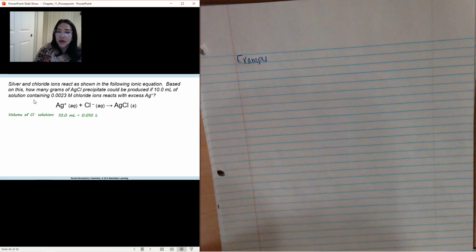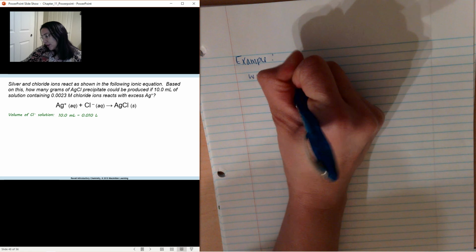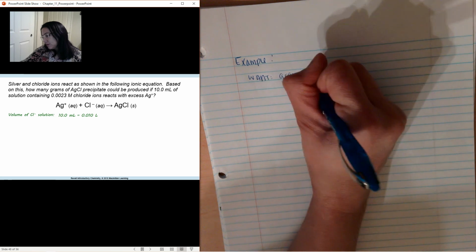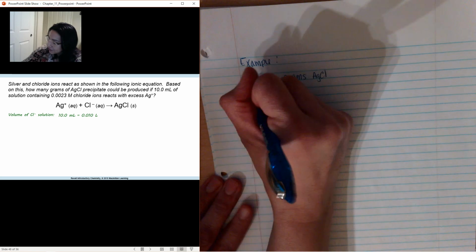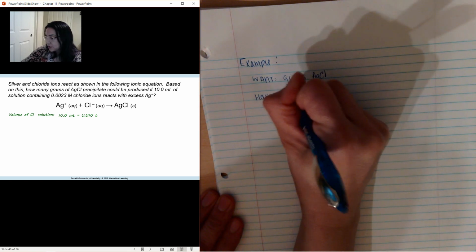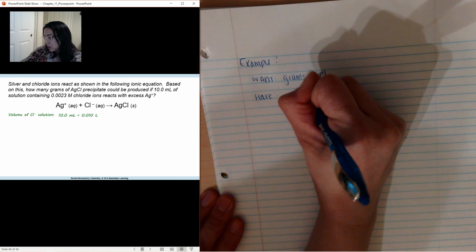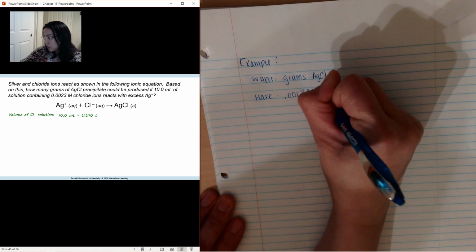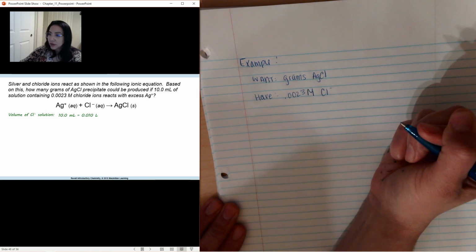All right. So in our example, we see that silver chloride is what we're looking for. We're looking for grams, so we want grams of silver chloride. We have 0.0023 molarity of chloride ions.